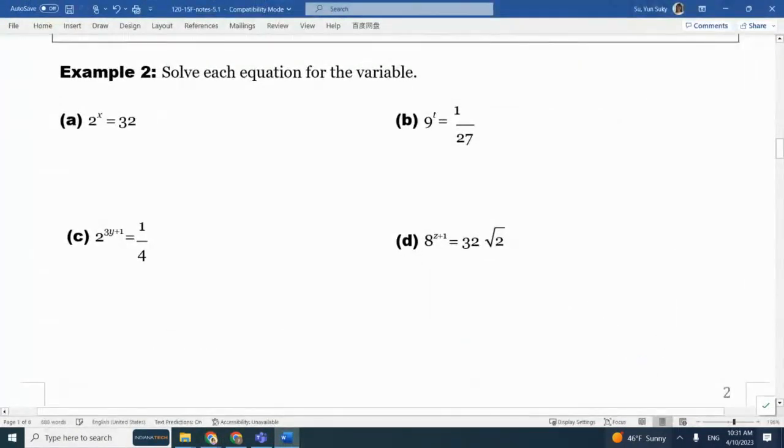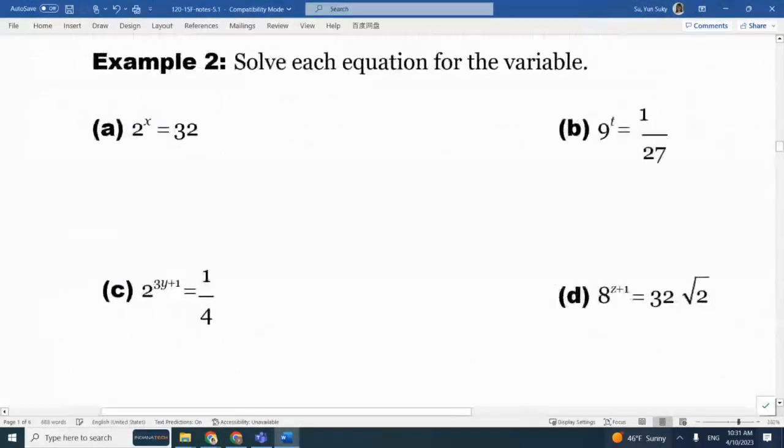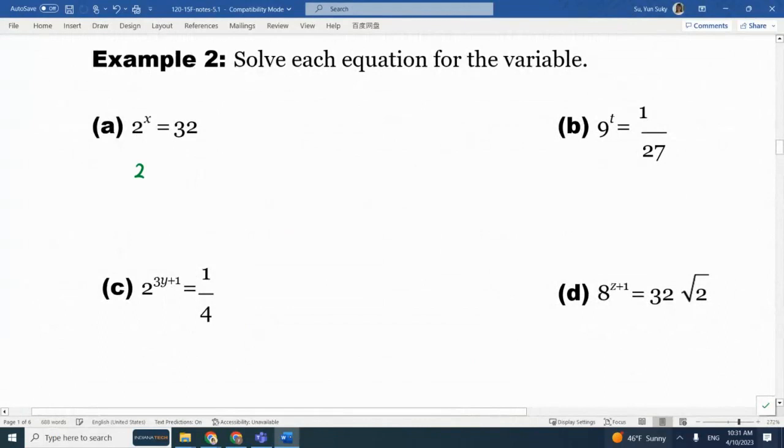Okay, so solve the following problems. For this kind of problem, you have to be very familiar with the numbers. What is 32? We want to have the same base here, so we want the base to be 2. 32 is 2 to the 5th.